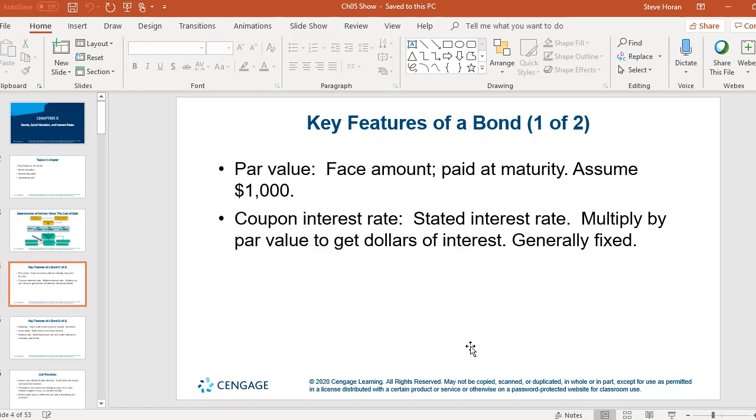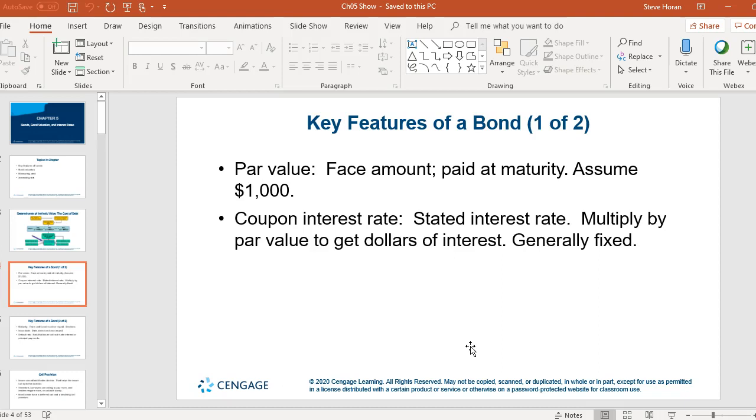So par value is what they call either the face amount. It's the amount paid at maturity, basically the principal value of the bond. And again, we're giving these $1,000. They talk about coupon interest rate. That's the interest rate literally stated on the contract. So just think if you had a bond contract in front of you, there'd be an interest rate stated on that contract.